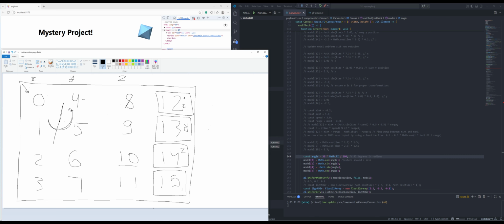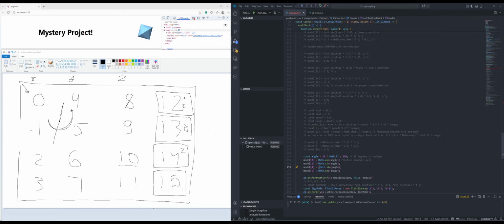Clockwise. And if we set minus here, which we'll try right now, so we change this sign.